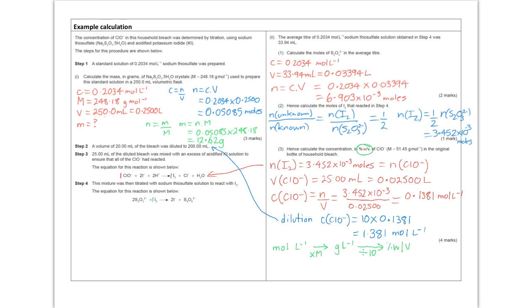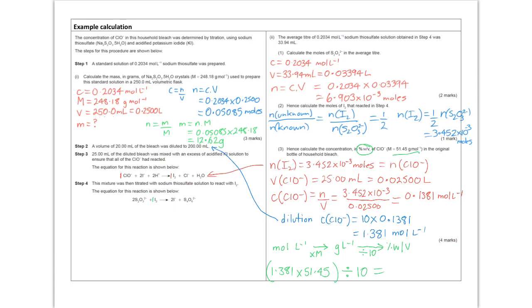So we go 1.381 times by 51.45, just get that from up here for ClO minus, and then we're going to take all of that and divide that by 10, and that's going to give us our final answer.